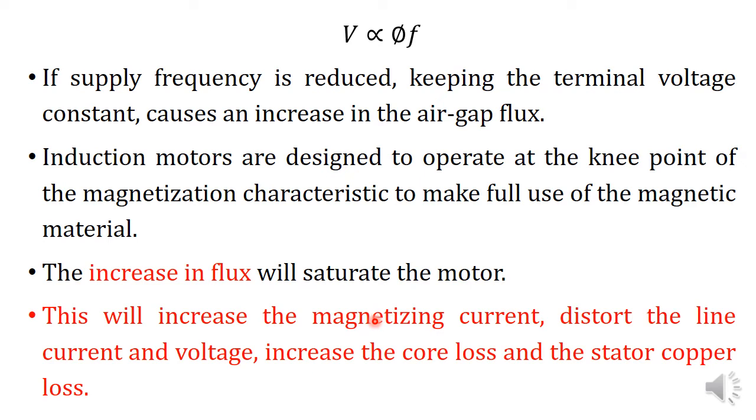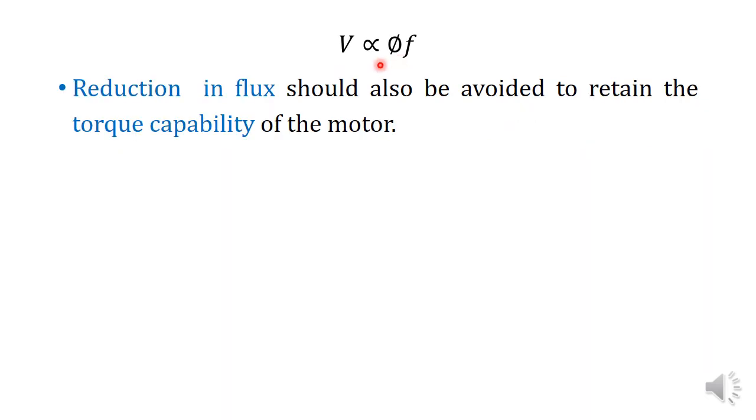Let's consider one more possibility, that is if you are increasing the frequency in order to increase the speed of the machine above the rated value, keeping voltage constant, then the flux will reduce below the rated value.